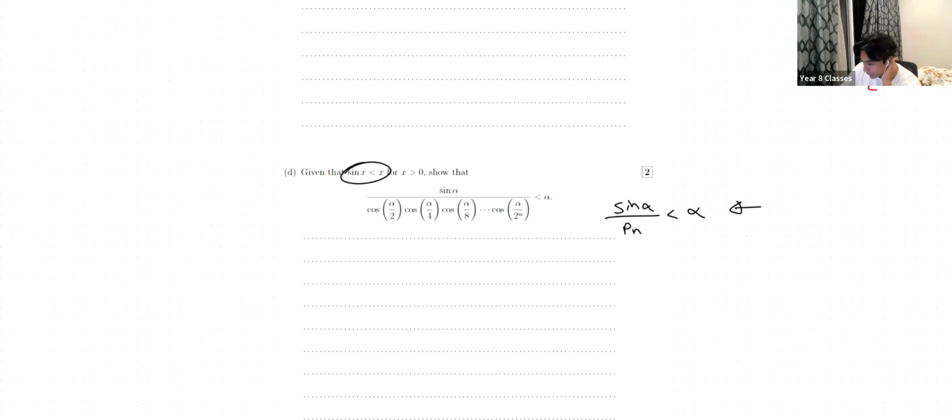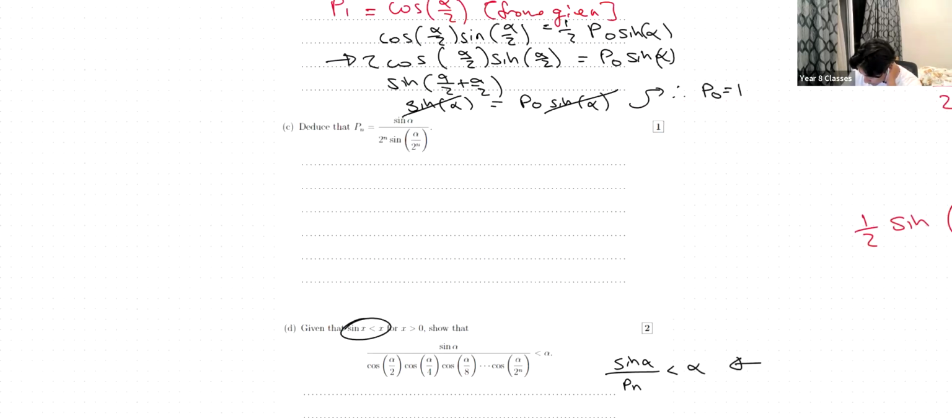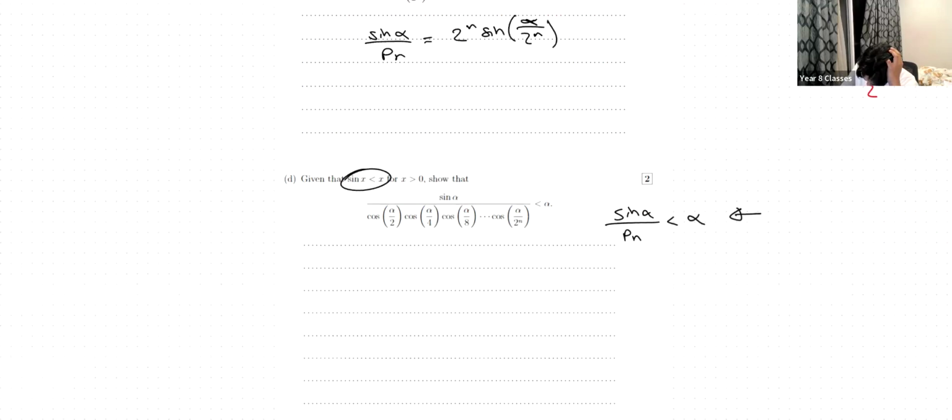Oh wait, no. From the previous part, from part C, assuming we've proven it, I can say that sine alpha on Pn equals 2n sine alpha on 2n, right? So I can re-express this as 2n sine alpha on 2n is less than alpha. This is from C.